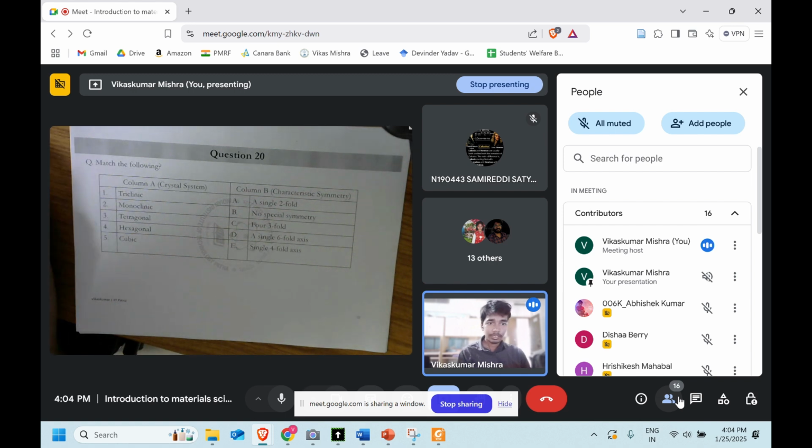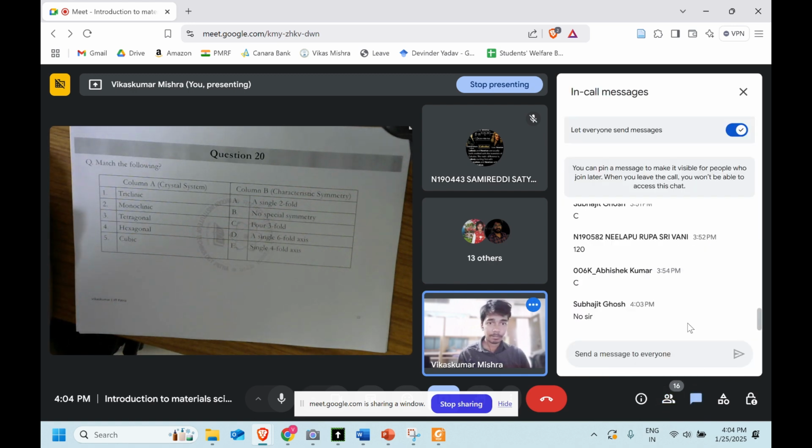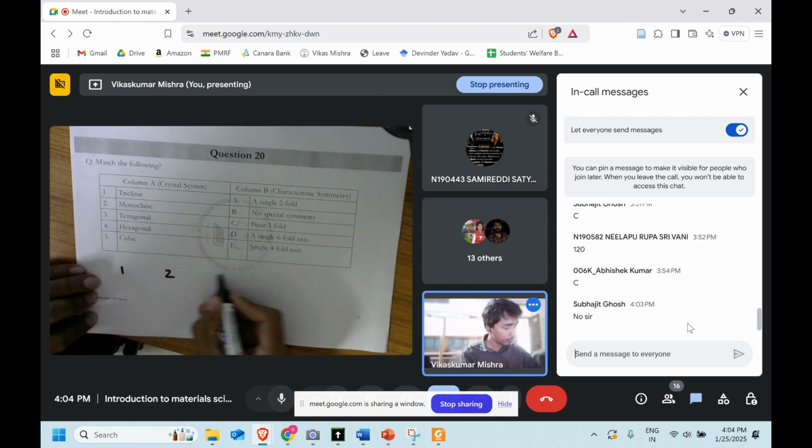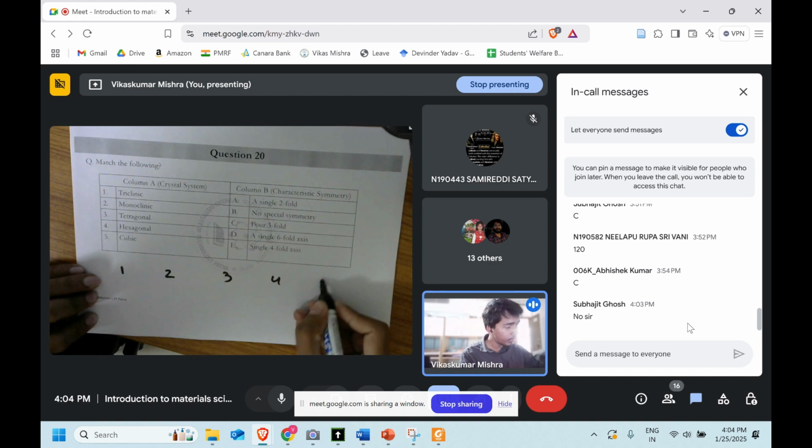This is a little interesting. Now we have triclinic, monoclinic, tetragonal, hexagonal, and cubic. One by one, we'll do all. What do you think? For the triclinic, which one is the right answer?